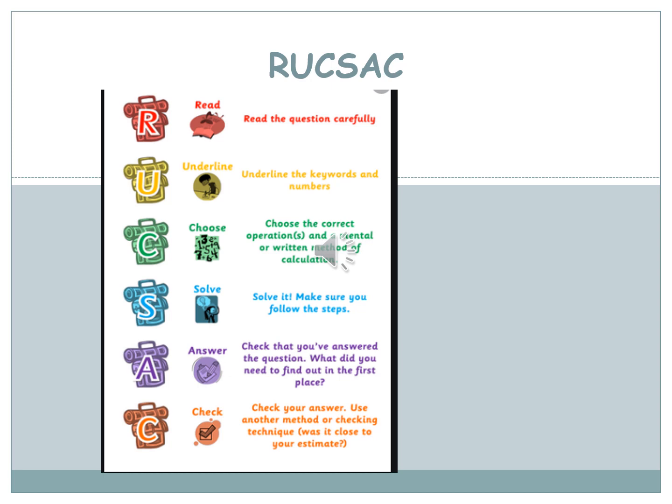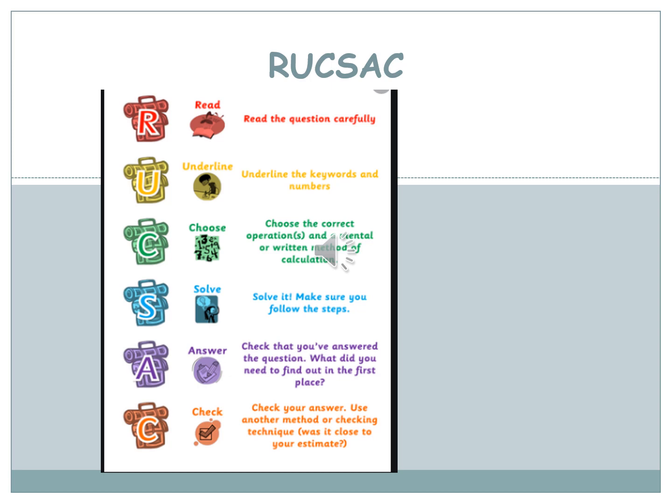So R is read. So you need to read the question carefully. U, underline the key words. Understand what the question is asking you to do. C, choose. Choose the correct operation that you have to use. F, solve it.